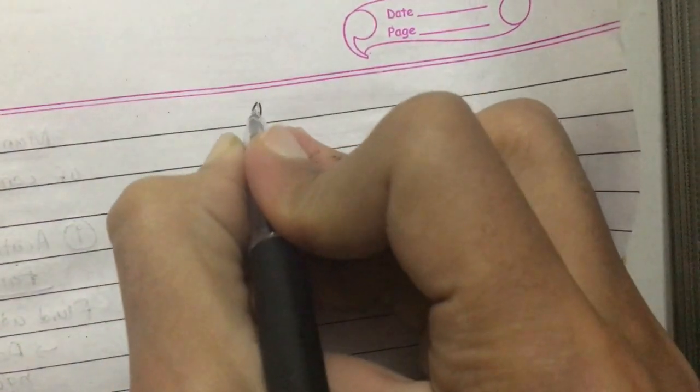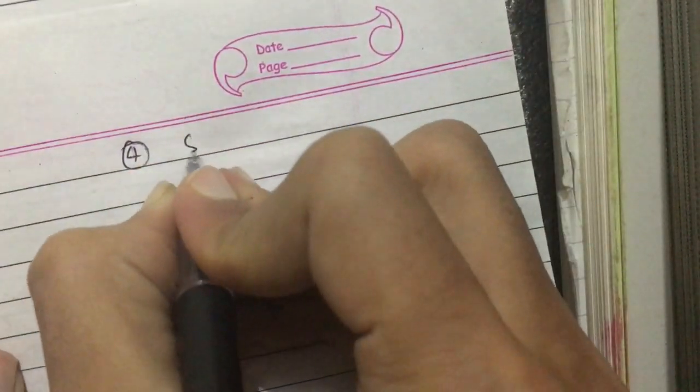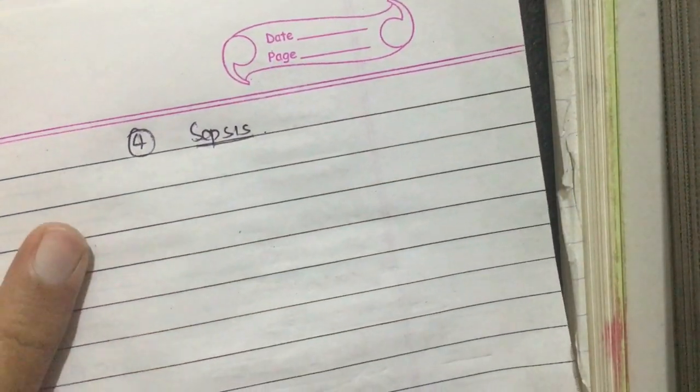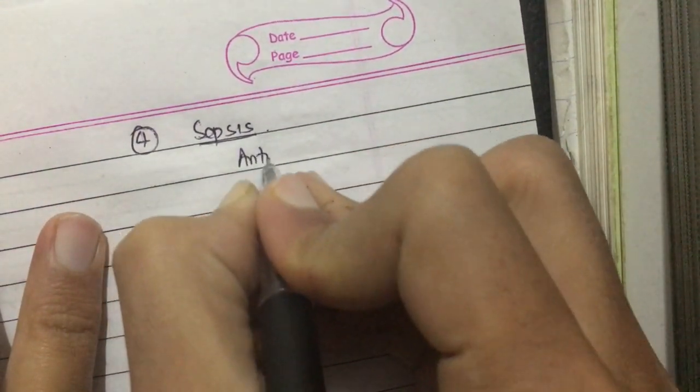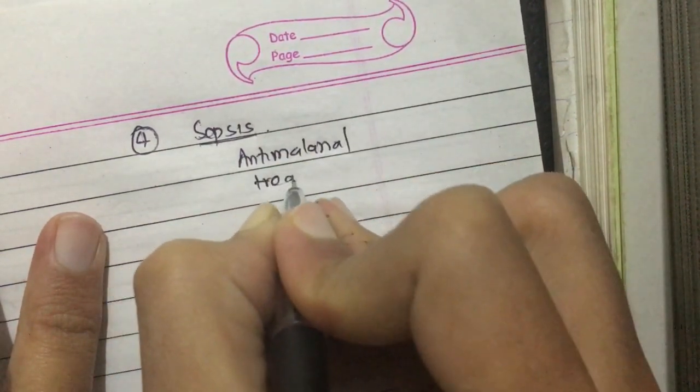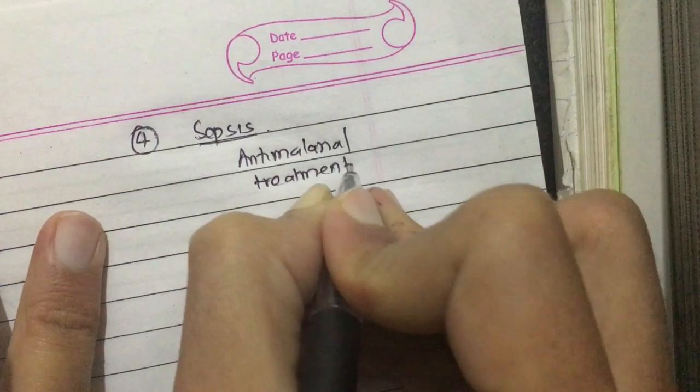Fourth is sepsis. If the patient is receiving anti-malaria treatment but the condition gets worse, then there can be two possibilities.